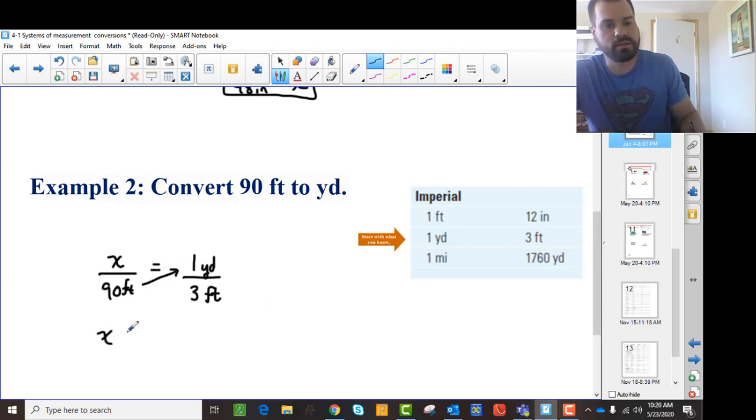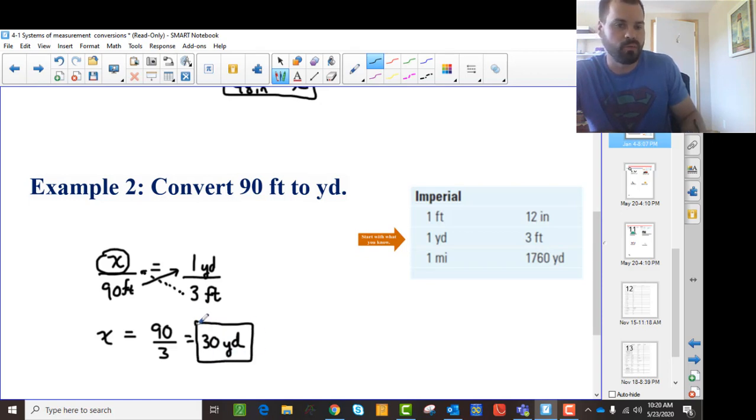So x is equal to 90 divided by 3. If I put x always on the top, then instead of cross multiplying both of them, I don't have to multiply this guy up. I just leave it on the bottom and multiply the denominator over. And 90 divided by 3 is 30 yards. So 90 feet is 30 yards.